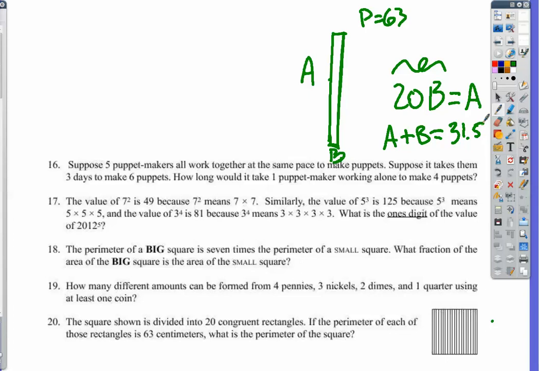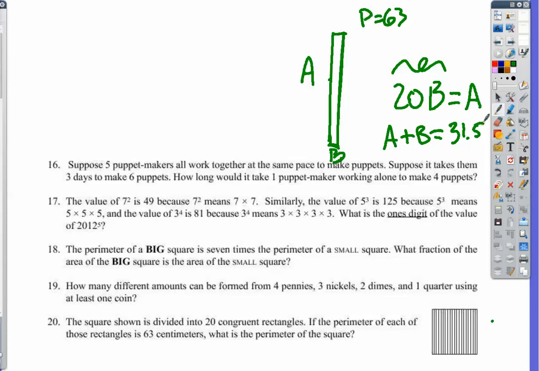Now, at this point, there are two things I could do. I could show you the math way of doing this, or we can use some logic here. So we know that some number times 20 is going to equal that A, right? 1.5.